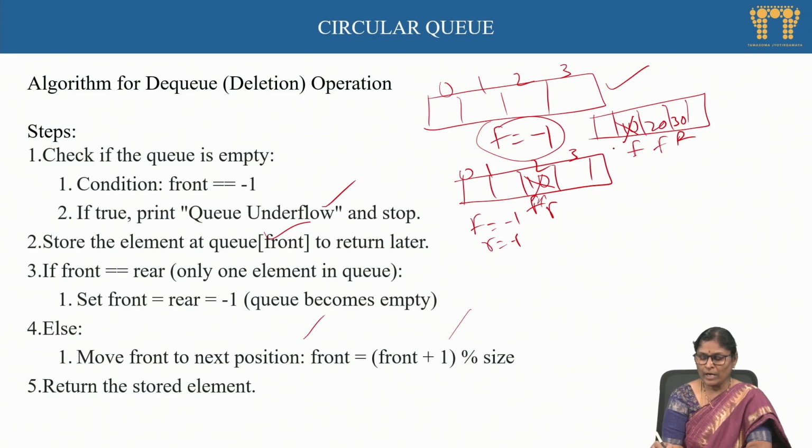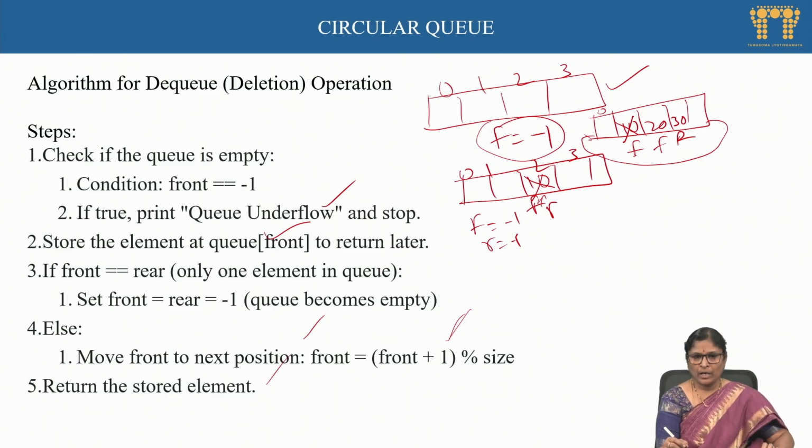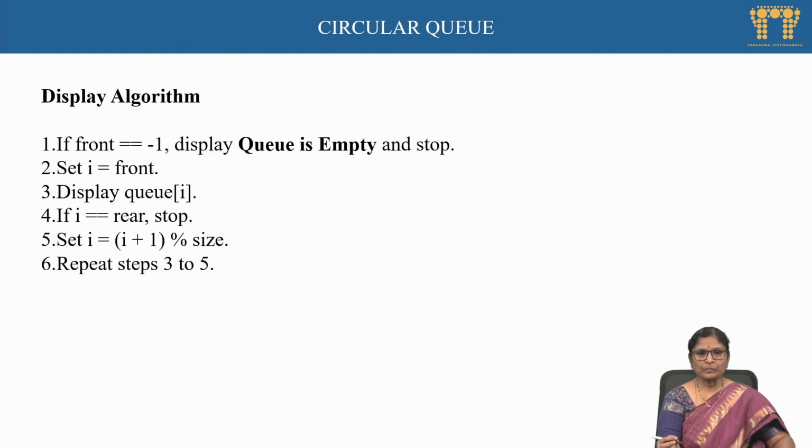Whenever it is moving from left to right within 0 to max -1, and whenever you want to bring max -1 back to the 0th position, the circular incrementation works perfectly for this and also for normal increment. Then you return whatever element you have deleted from the circular queue to the function.